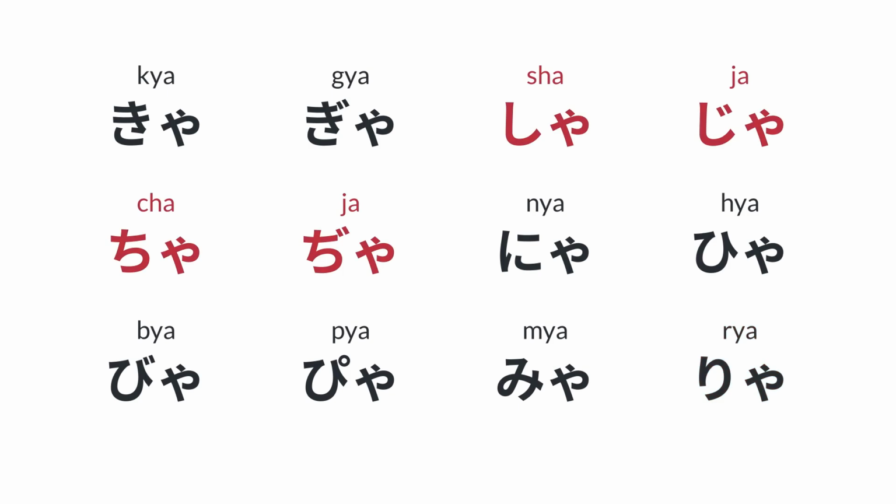Note that when we romanize these combinations, we don't include a y after sh, ch, or j.